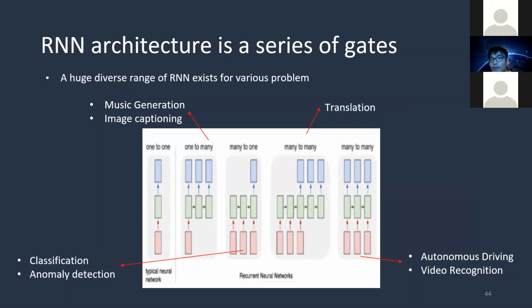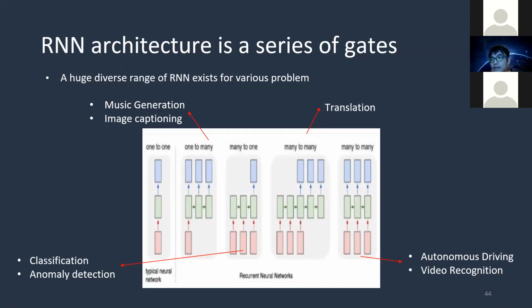Other kinds of problems like many-to-one can be things like classification. You give a series of features, could be a series of transactions of a person, and you predict whether this person is a key customer or not. That's also a very important way to do so.